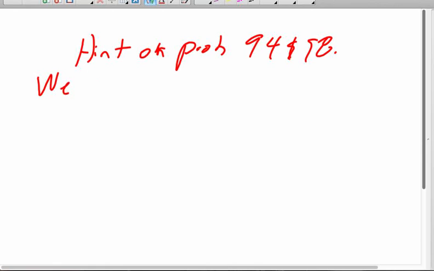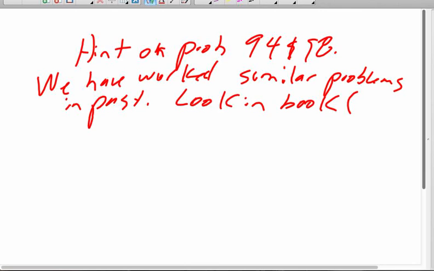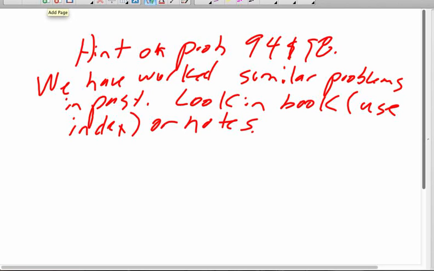We have worked similar problems in the past. Look in the book. I suggest you use the index, or notes. Index is usually a good place to do.